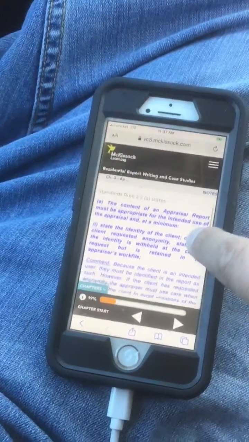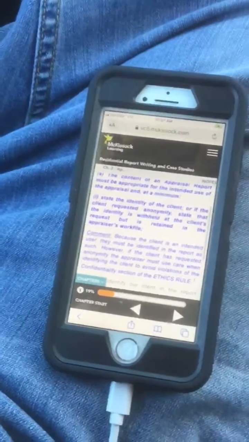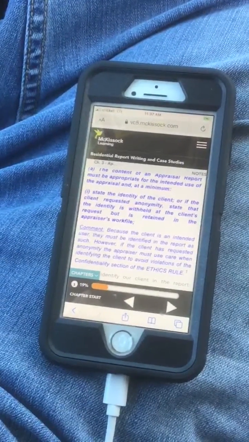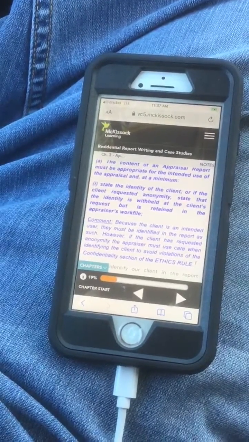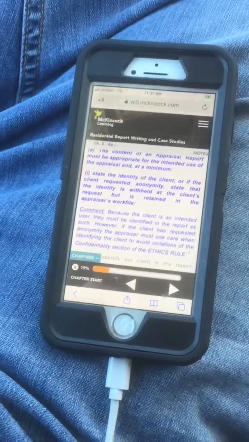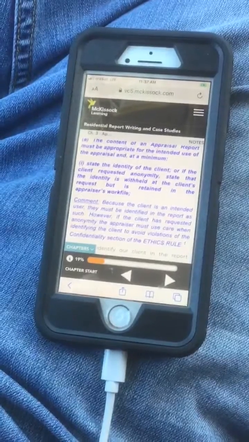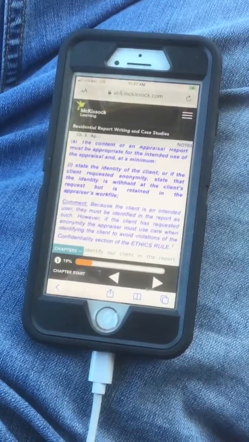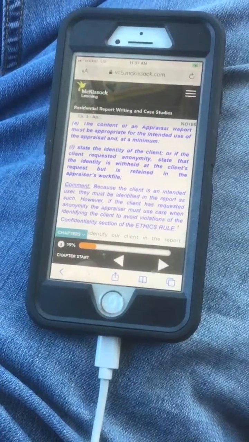Standards Rule 2-2A states, A, the content of an appraisal report must be appropriate for the intended use of the appraisal, and at a minimum, state the identity of the client, or if the client requested anonymity, state that the identity is withheld at the client's request but is retained in the appraiser's work file.